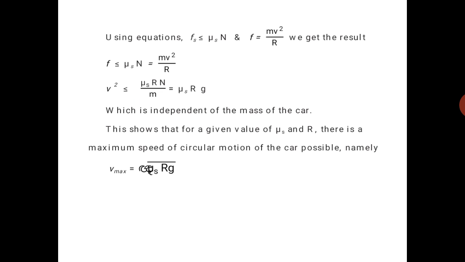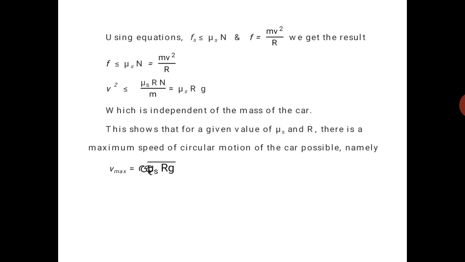So by equating, m v square by r is less than or equal to mu s into N, or v square is less than or equal to mu s r N upon m, and here capital N is the normal reaction, and capital N equals mg.